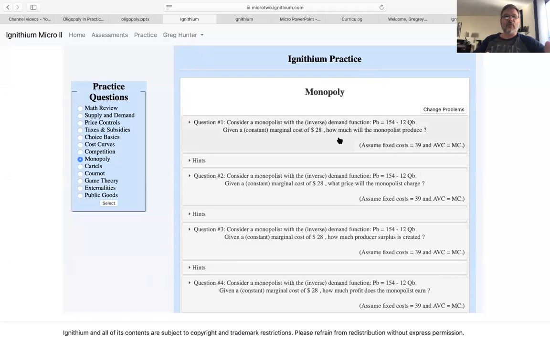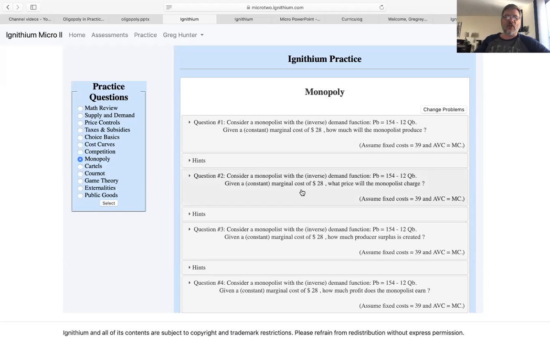Again, if you go through the lectures that I posted, I show you how maximizing profit and getting marginal revenue, why the formula is what it is.